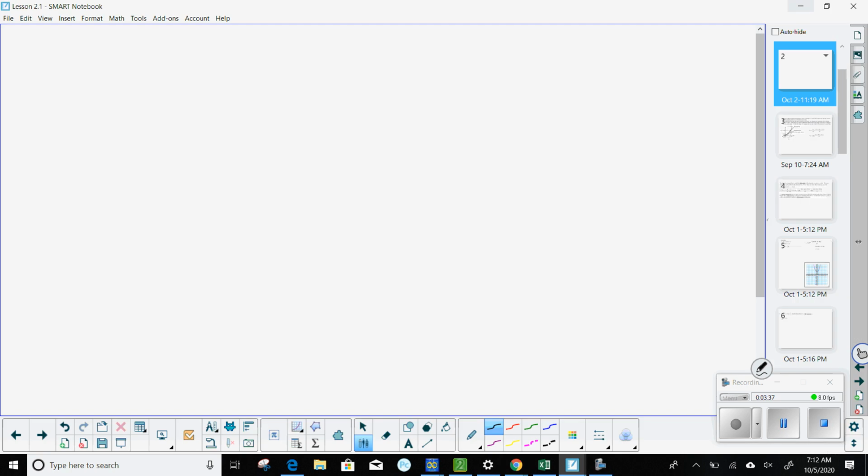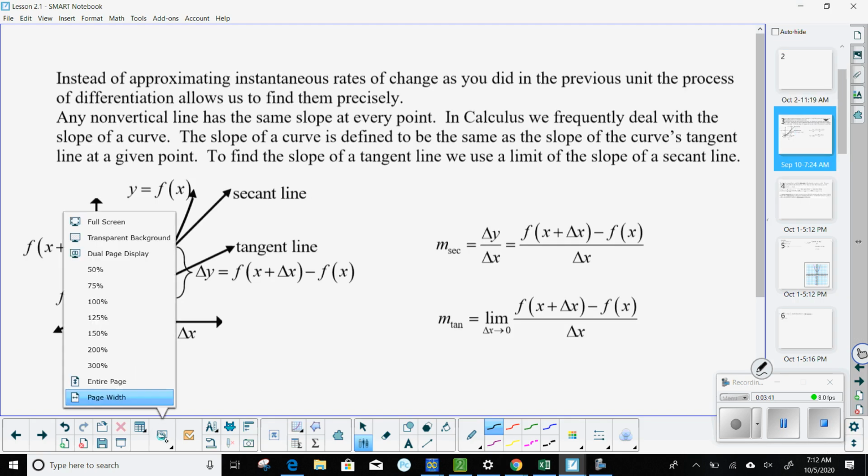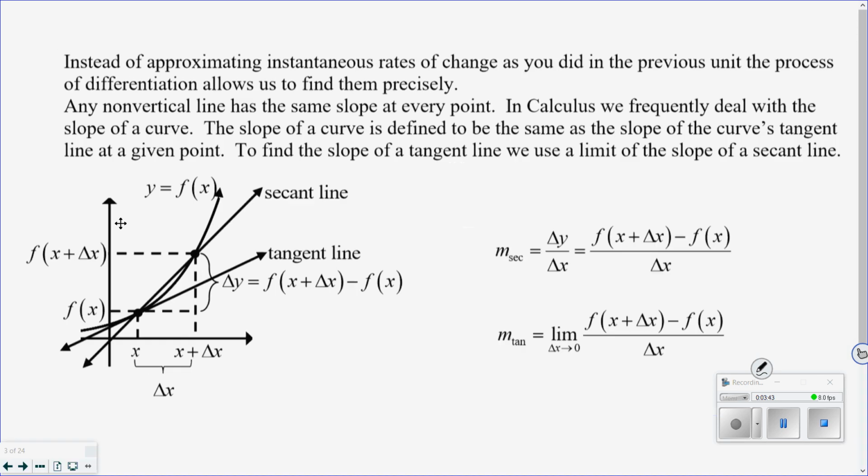So let's go to the actual formula. This is in your book, and this first part is really just covering what we just talked about. If you have the secant line, I'll outline it in a different color, there's my one y coordinate, f of x plus delta x. There's my other one. That's what goes up here. Y minus y, divided by the change in x.